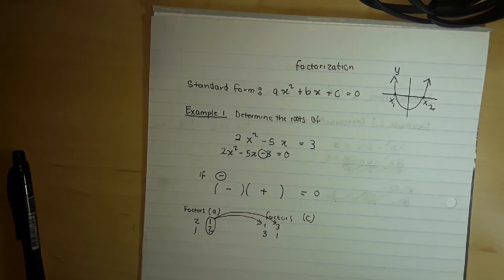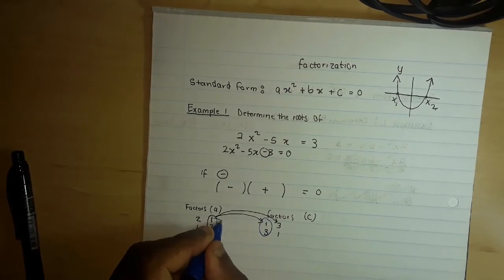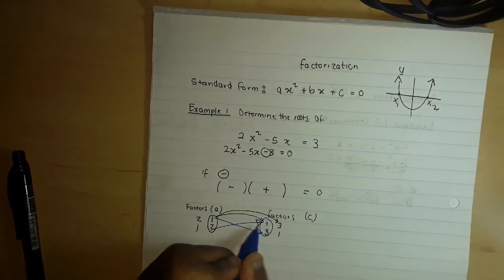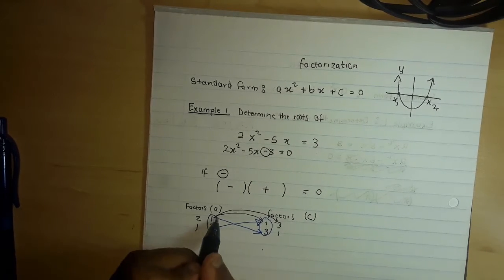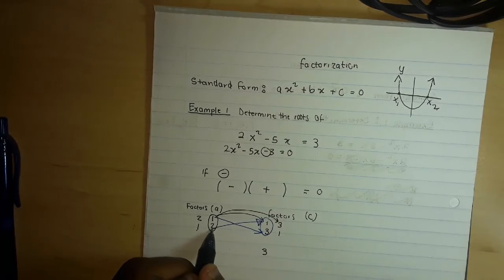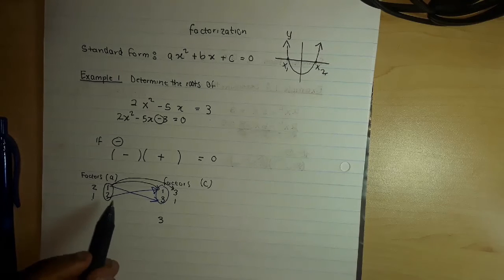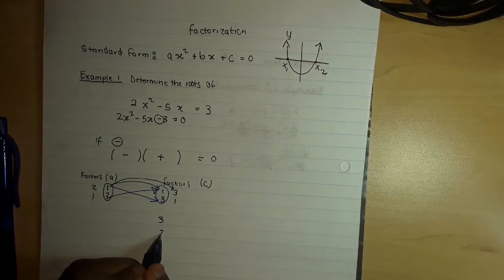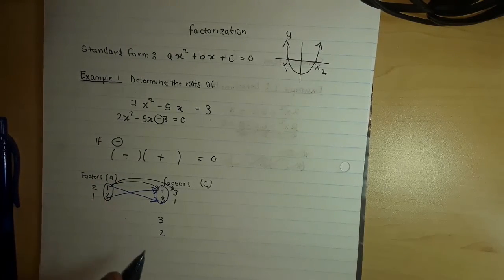So what we do is cross multiply here. 1 times 3 is 3, 2 times 1 is 2. After multiplying, there needs to be a plus and a minus.